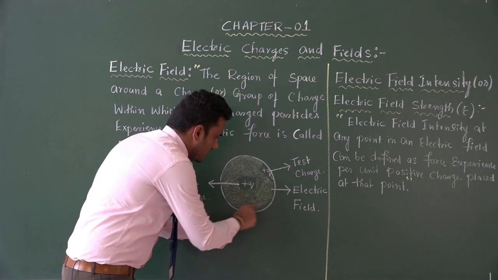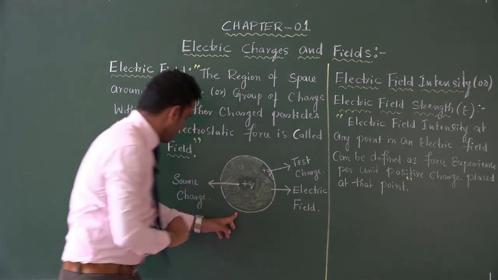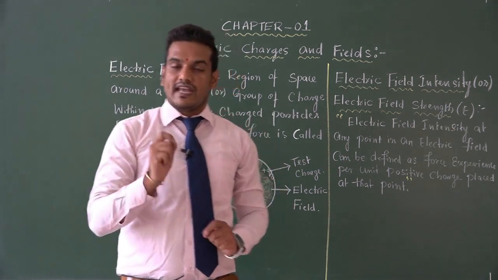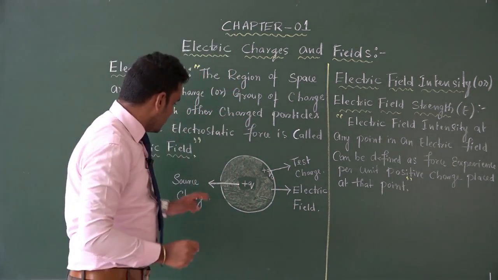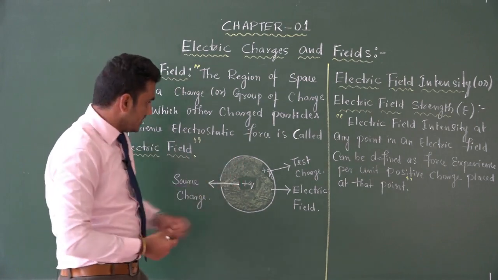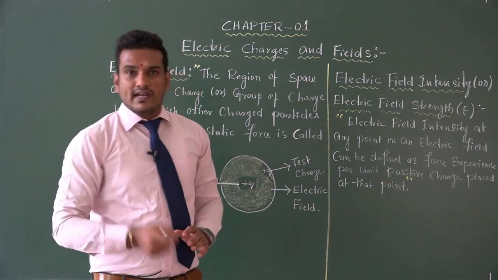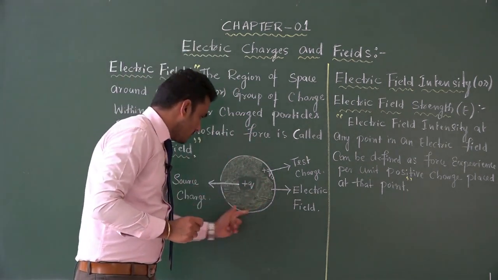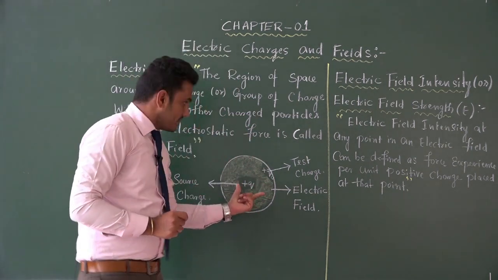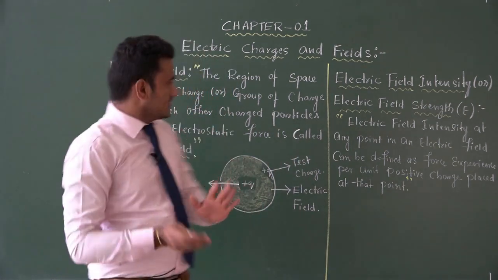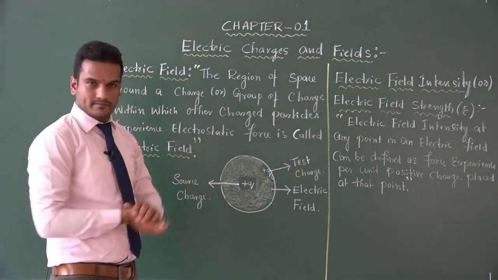Source charge is the point charge producing electric field around it, and it may be a group of charges. Test charge is a small charged particle that experiences electrostatic force in an electric field. Test charge is a detector of electric field. So this is all about electric field.